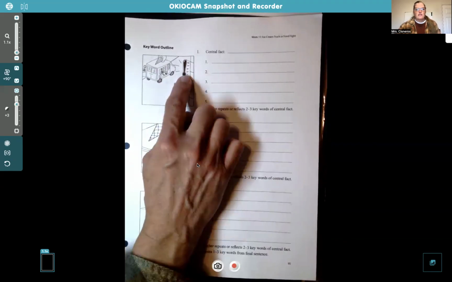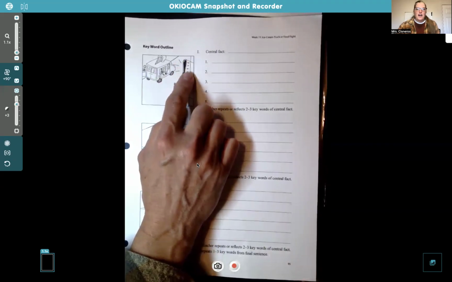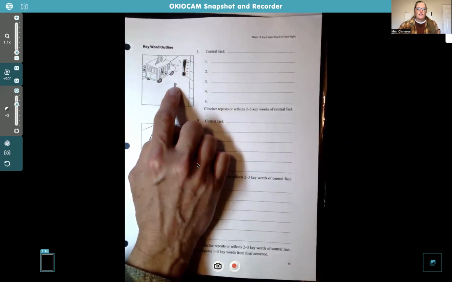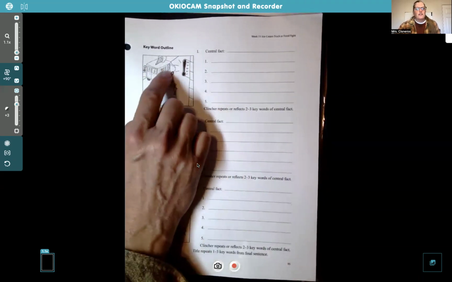Looking at these pictures, in the first one, it looks like this is a thermometer and it's over 100 degrees. It's hot. And there's a girl standing here and she's sweating. If you look closely, you can see little sweat drops coming off of her. And then there's an ice cream truck here.